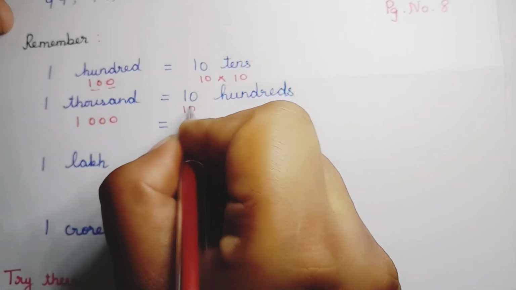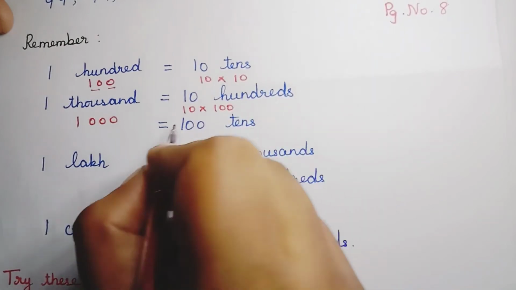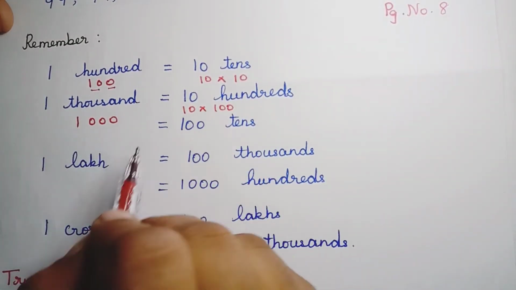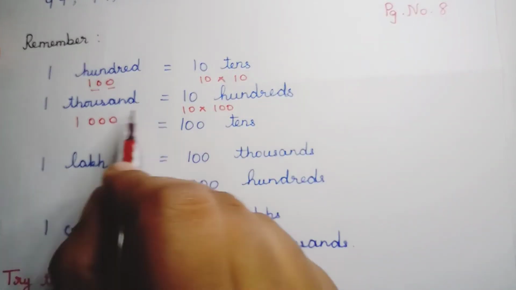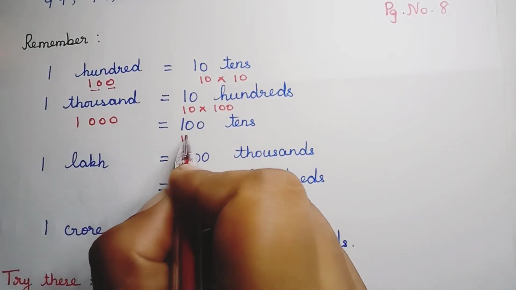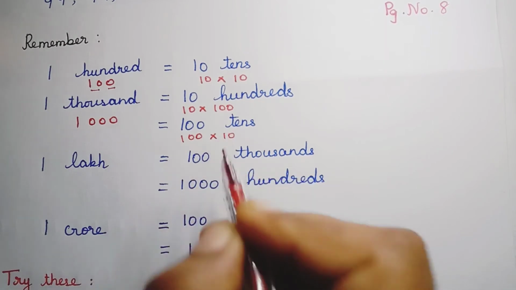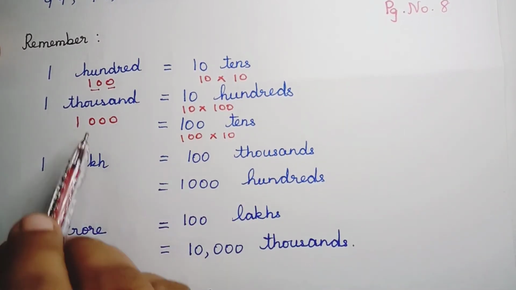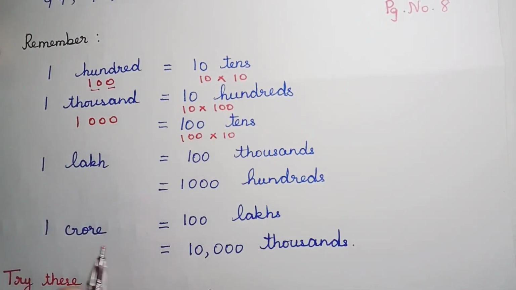That is 10 into 100, right? 3 zeros. 10 times hundreds is known as 1000 and it can also be written as 100 times tens. 3 zeros.